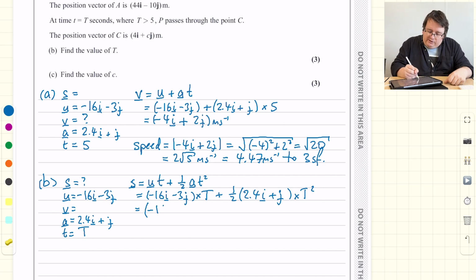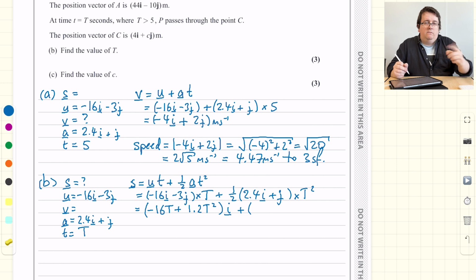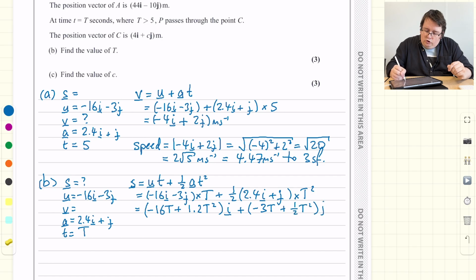So minus 16 times T, and then we've got a half times 2.4 times T squared, so plus 1.2 T squared, and that's i. And in the j direction, we're going to have minus 3 times T plus 1/2 times T squared, j.